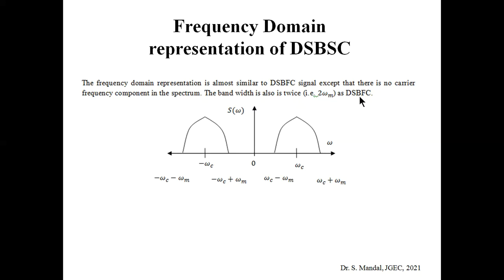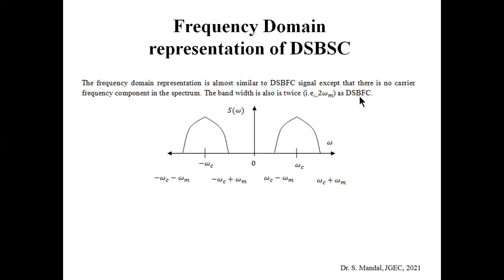Now, as we already said, to observe the time domain representation we use the CRO. So how can we observe the frequency domain representation or spectrum of any signal? To observe the spectrum of any signal, we need to use a spectrum analyzer. If the college was open, we could show the spectrum analyzer in the laboratory.